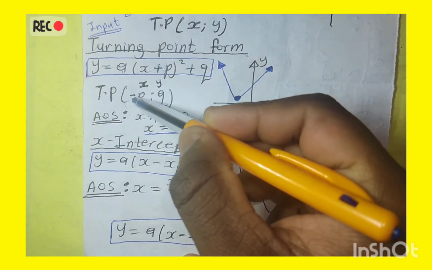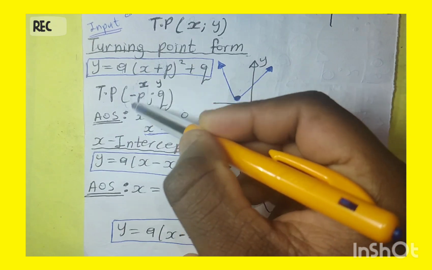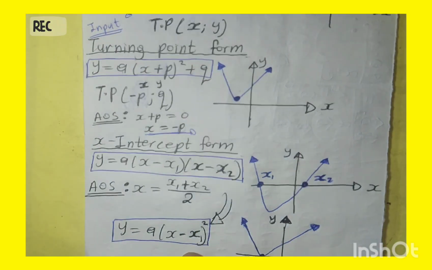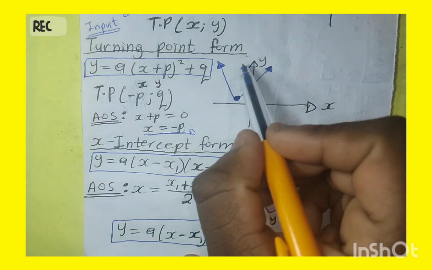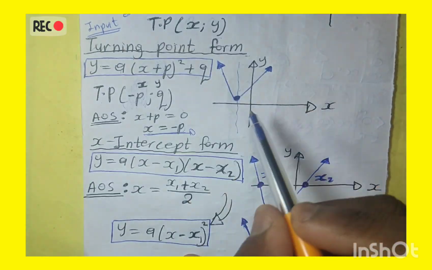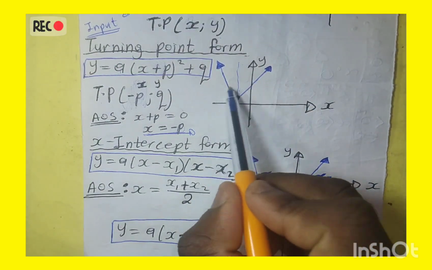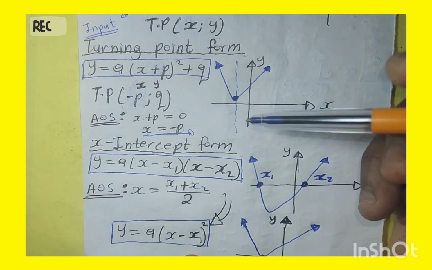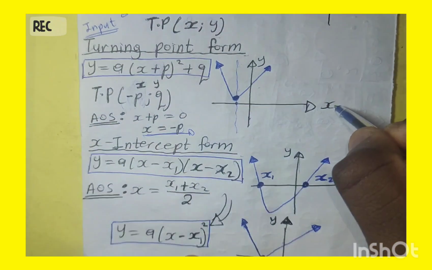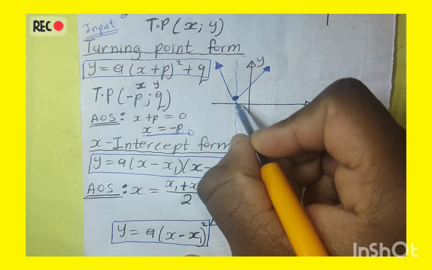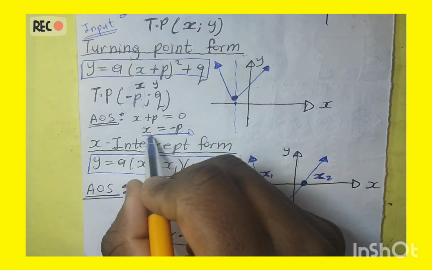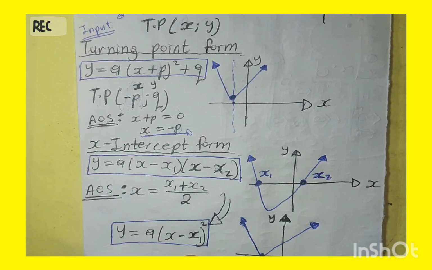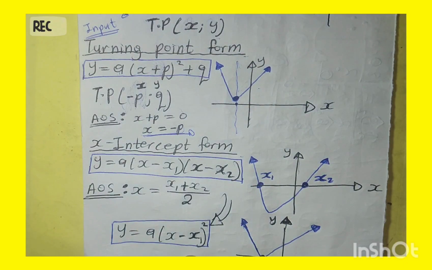Please know that one. The axis of symmetry divides the shape into two equal parts, and it passes through the x values here. It is represented by this equation. So please, guys, know the turning point form.